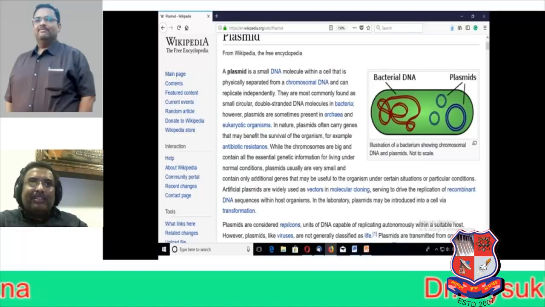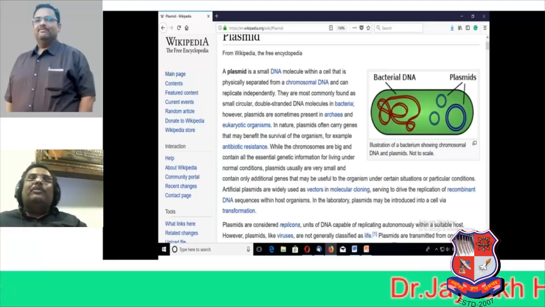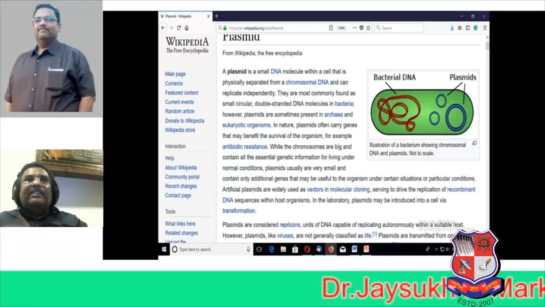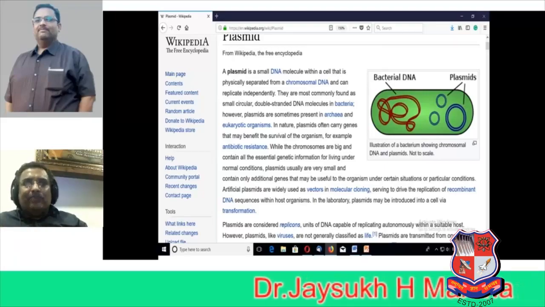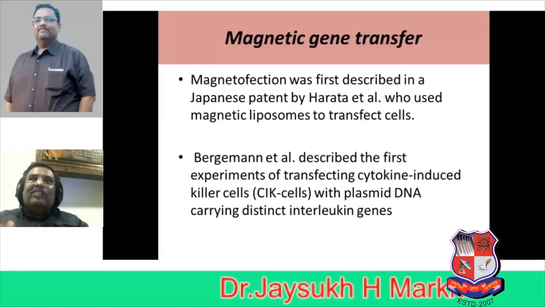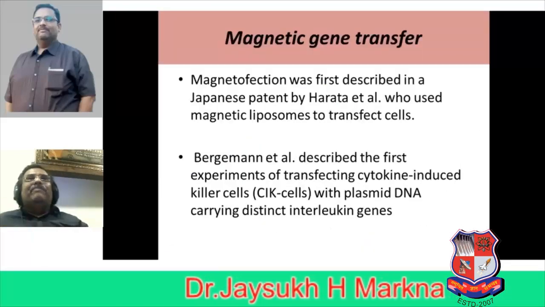Here I have a few examples also. Suppose if you want to study in detail, then study about plasmid and other bacterial DNA, so you can easily get the idea of the role of a vector.